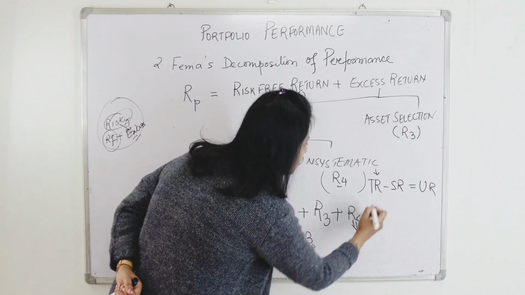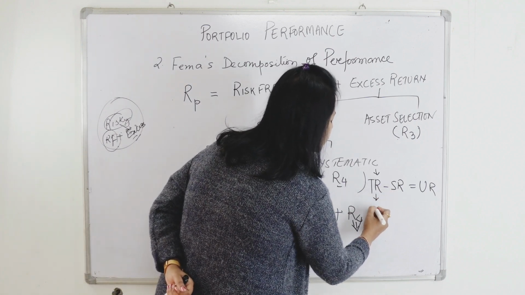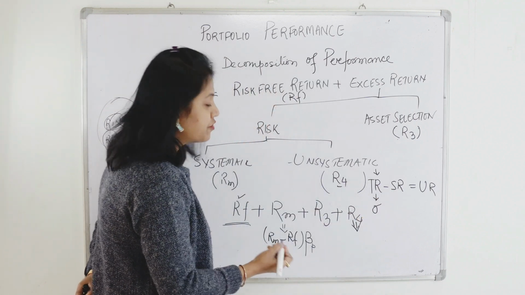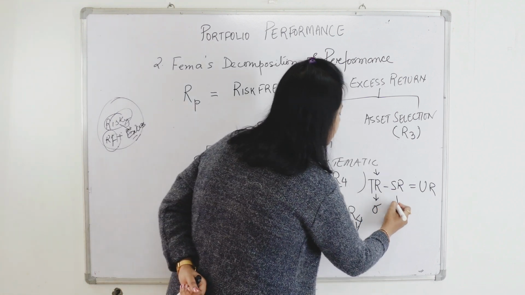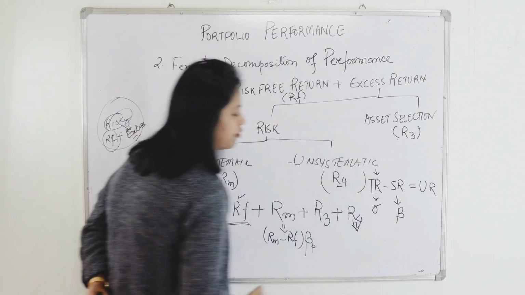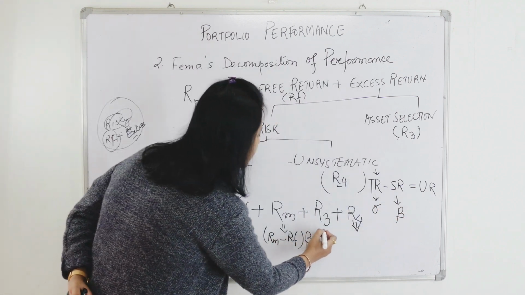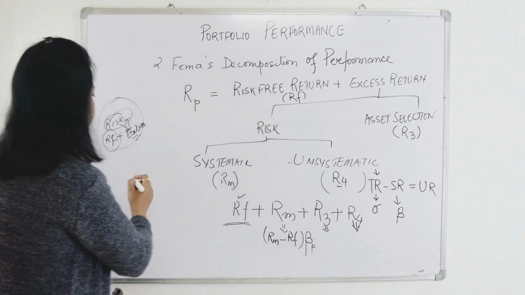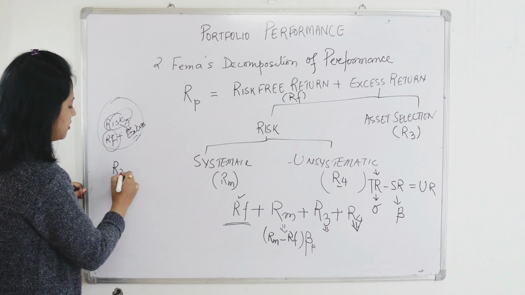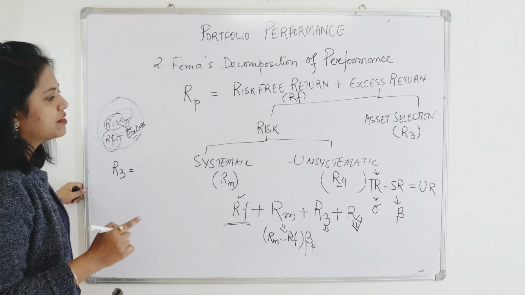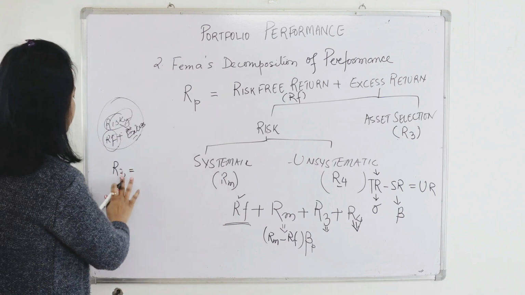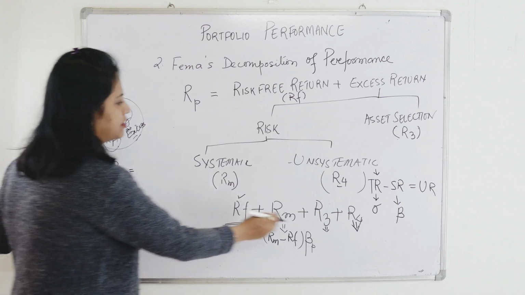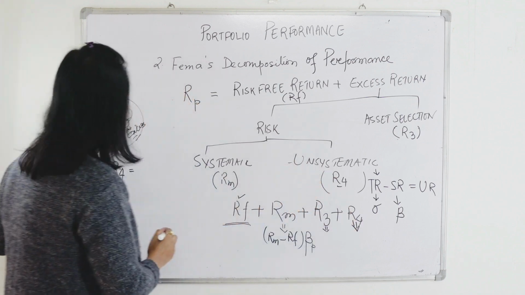So friends, you all know that total risk is calculated with the help of standard deviation or variance, whereas systematic risk is calculated with the help of beta. We have seen that. Let's say R4, that is unsystematic risk.